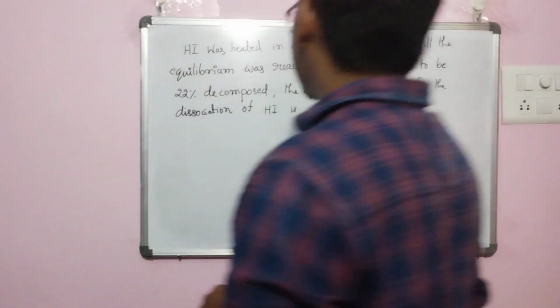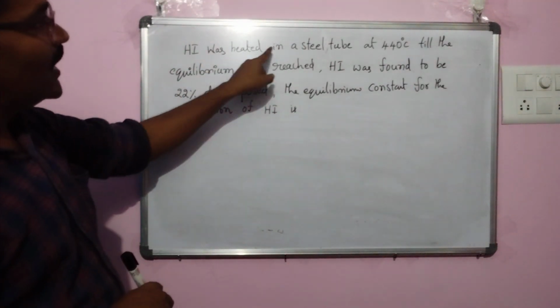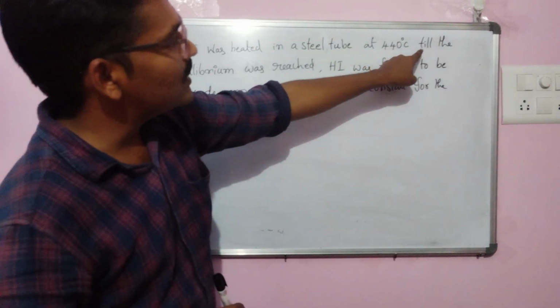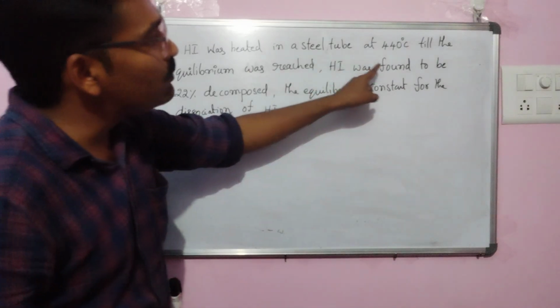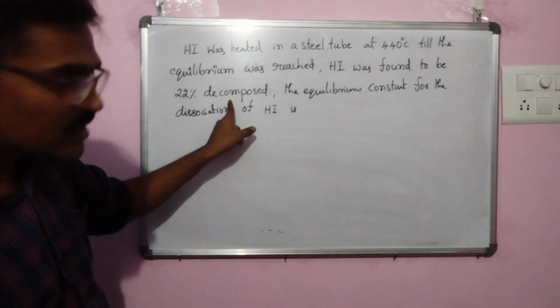Look at the next problem. HI was heated in a steel tube at 440 degrees Celsius till equilibrium was reached. HI was found to be 22% decomposed.